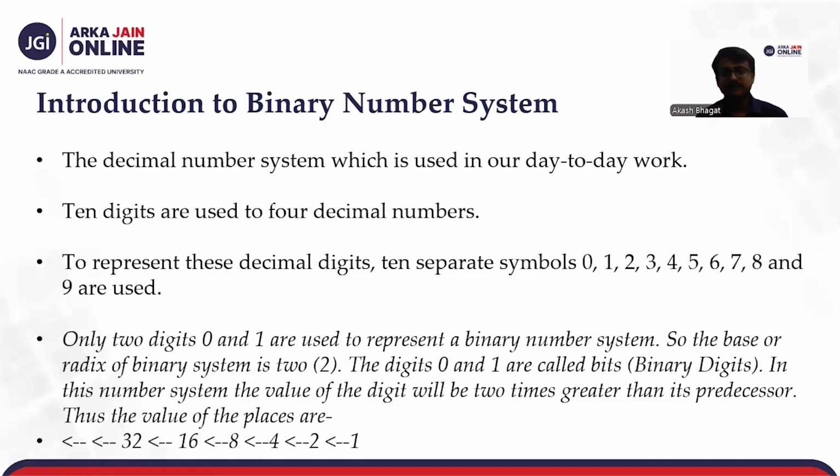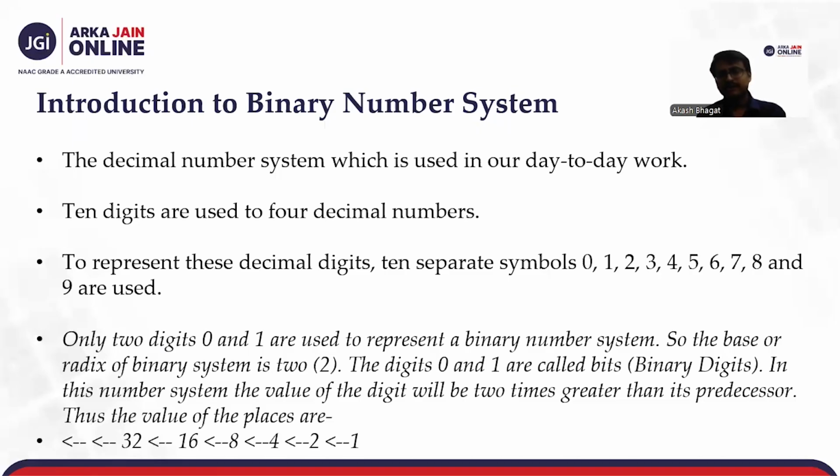And we have the concept of a compiler to convert a high level language or assembly language into machine language. So this is the importance of the binary number system, as the computer understands only binary language, which is nothing but machine language, the language in which instructions are written in the form of zeros and ones.